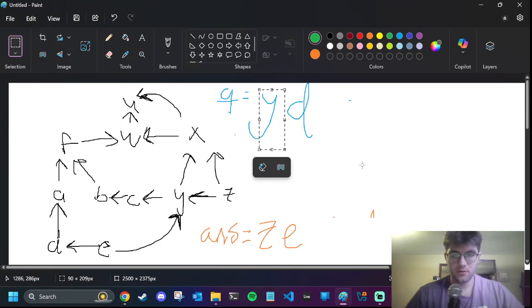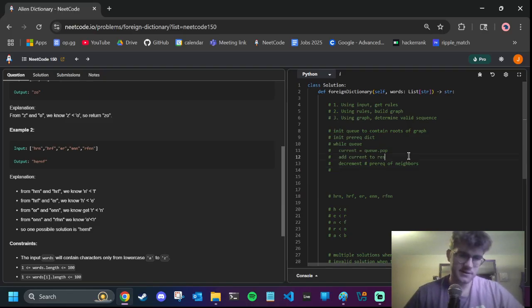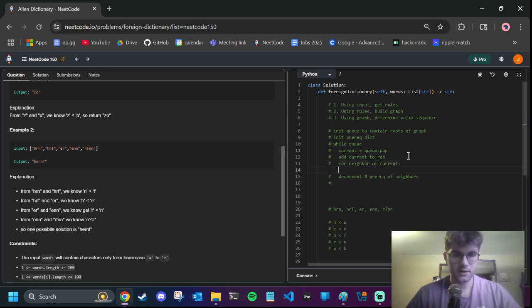All right. And then I guess we could just say for neighbor of current, decrement number of prereq of neighbor, and then if number of prereq equals 0, then add neighbor to queue.